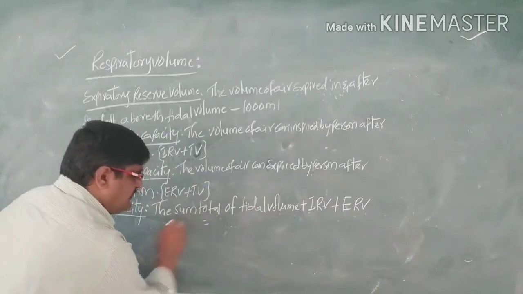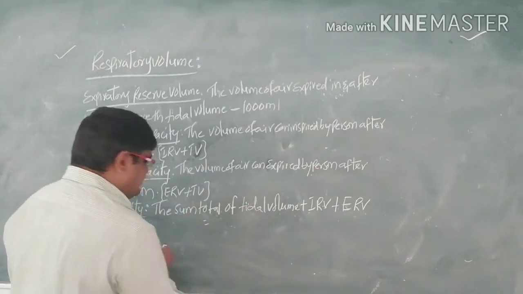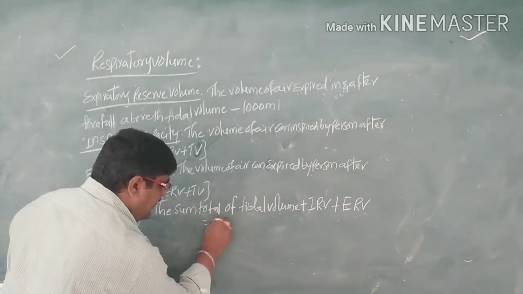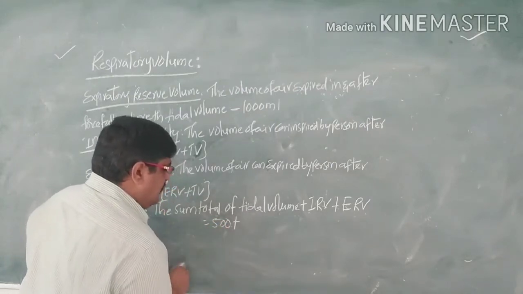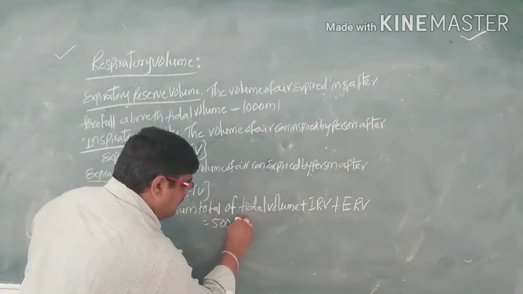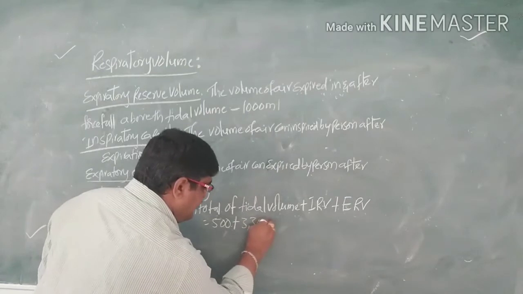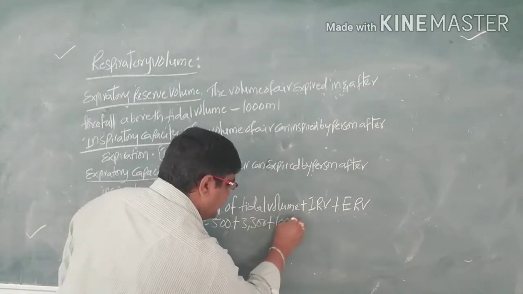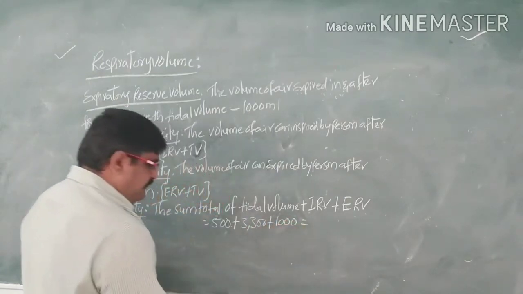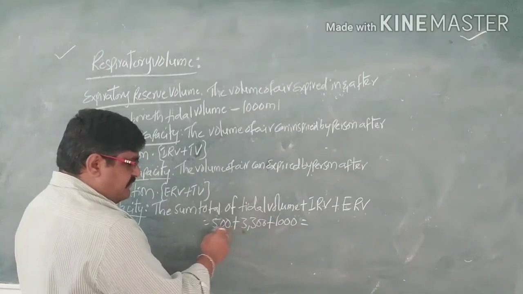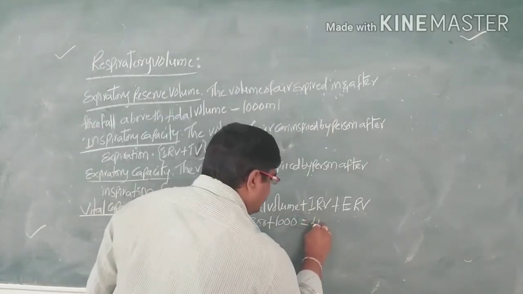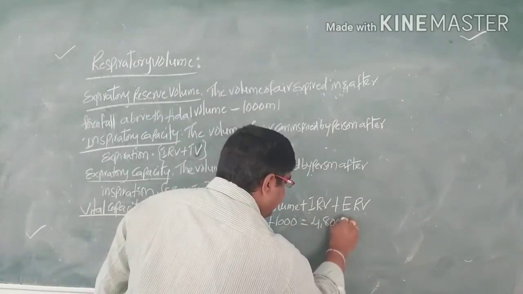So vital capacity is equal to tidal volume, 500, plus inspiratory reserve volume, 3,300, plus 1,000. So the total is 4,800 ml.